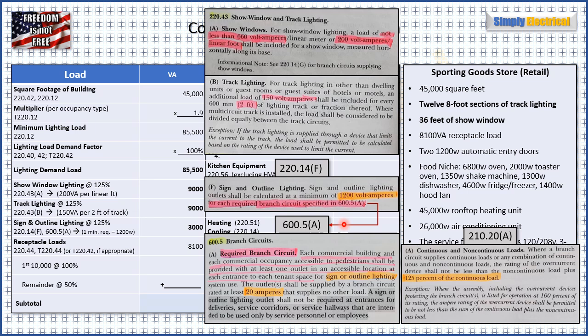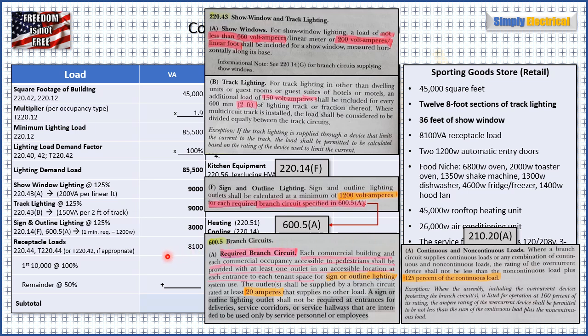So in our situation, we have 2 automatic entry doors. So we're going to need 2 sign and outline lighting circuits, 1 for each door. So if we need 1,200 VA per circuit, then we're going to need 2,400 VA for ours. Now 2,400 VA times our 125% gives us 3,000 VA total for our sign and outline lighting circuits.